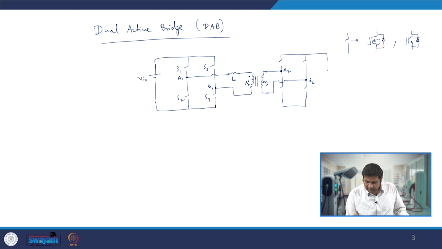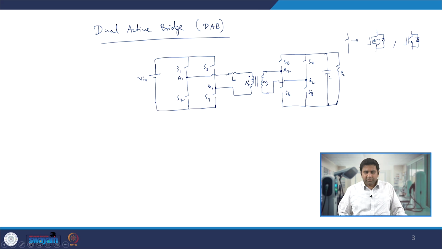This particular thing, let us say we have the capacitor, we can connect it to the load C and RL, and here we can define S5, S6, S7, S8.